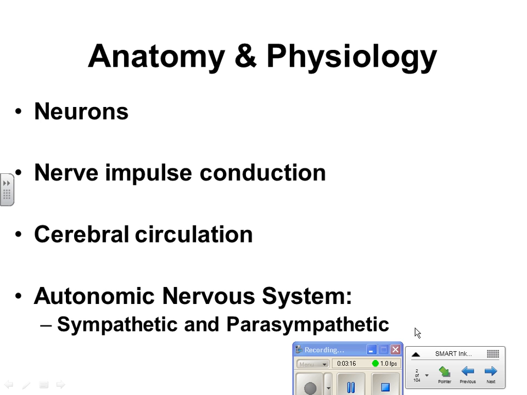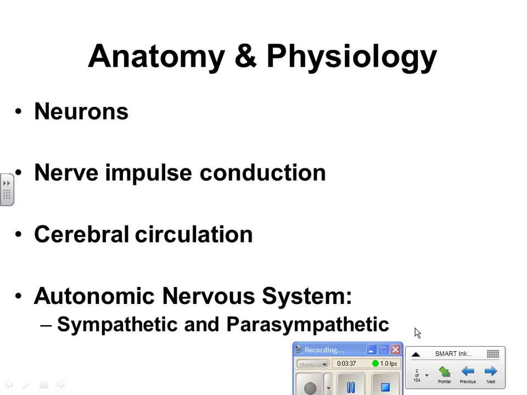What do we say the parasympathetic nervous system does? Parasympathetic. Rest and digest. So it counteracts the effects of the sympathetic, which does what? Fight or flight. Read the question carefully, or listen carefully to the instructor.